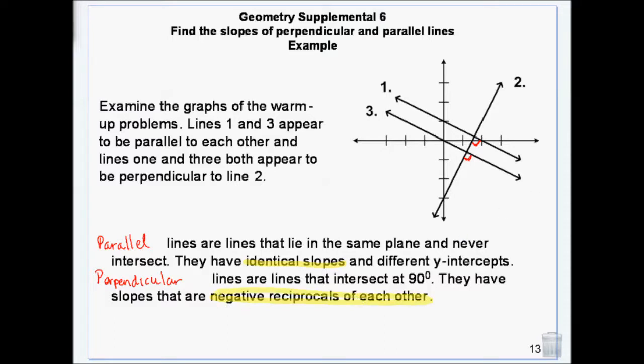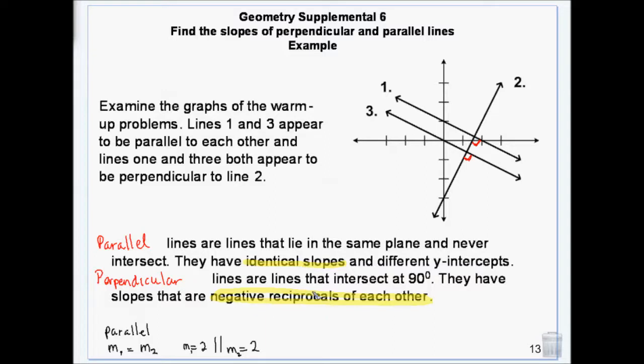Okay, so what that means is, for parallel lines, the slope of line 1 is equal to the slope of line 2. So 2 and 2 would be parallel. If the slope of the first line was 2, the slope of the second line is 2, those are parallel lines.